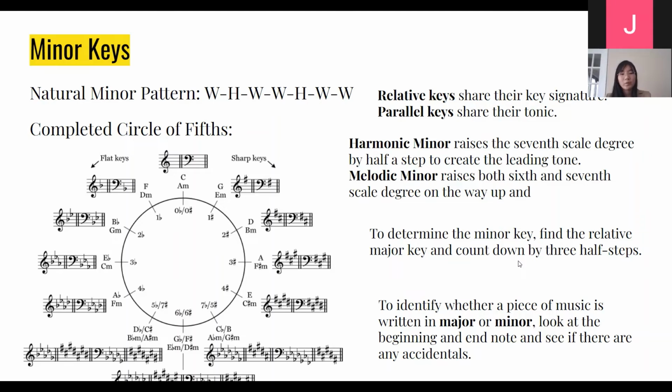For example, you have C major, you would count 3 half steps. So it would be C, B, B flat, A, and you would have A minor. Since you already know the key signature of C major is no sharps, no flats, you would know that the key signature of A minor is no sharps, no flats as well.